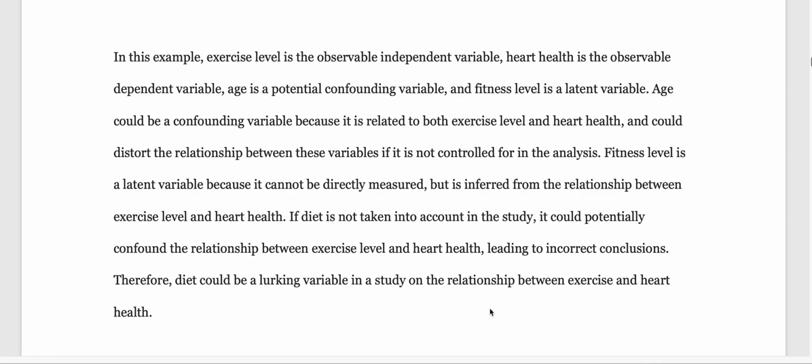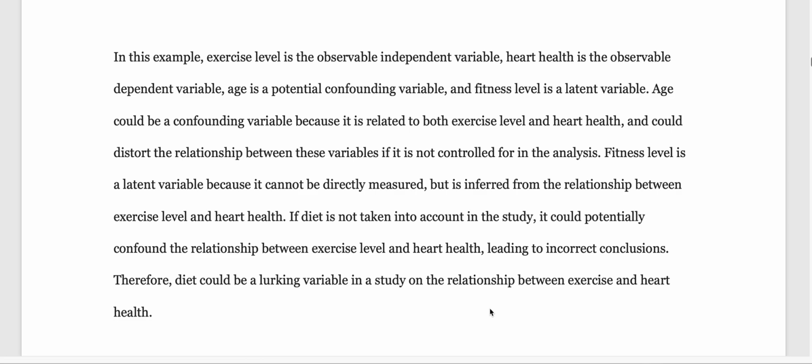Fitness level is a latent variable because it cannot be directly measured but is inferred from the relationship between exercise level and heart health. If that is not taken into account in this study, it could potentially confound the relationship between exercise level and heart health, leading to incorrect conclusions.